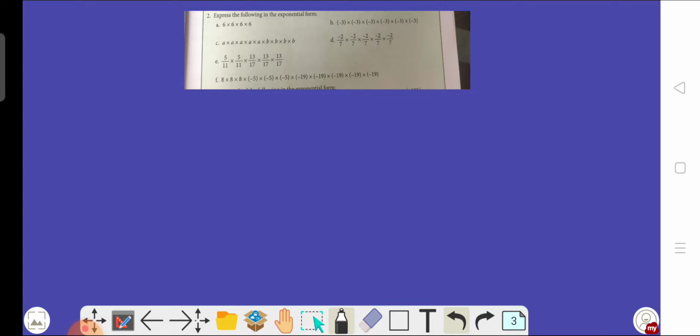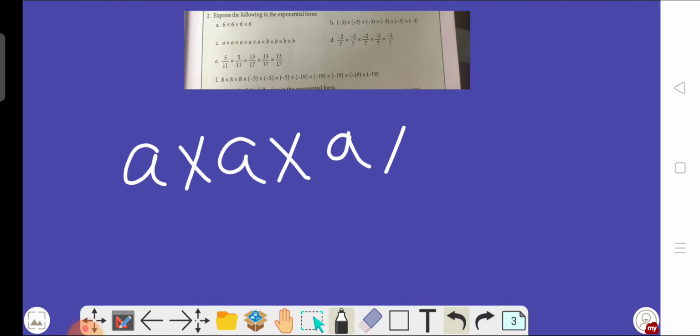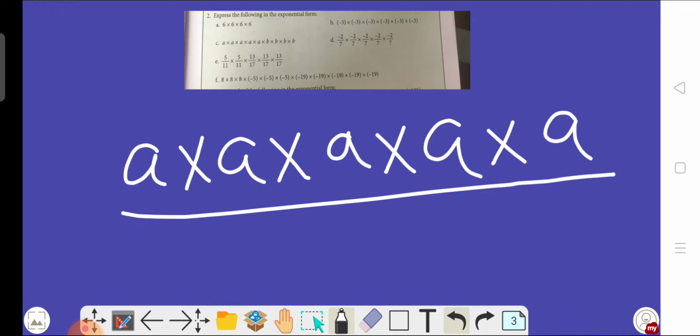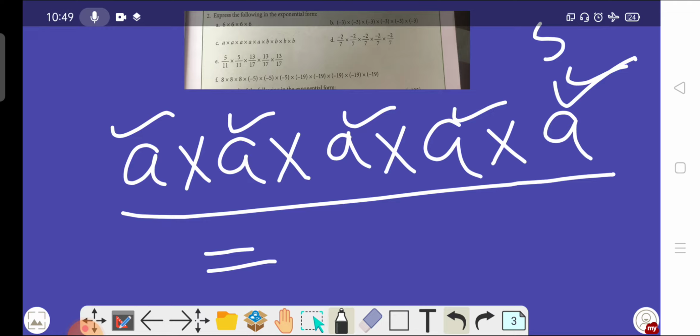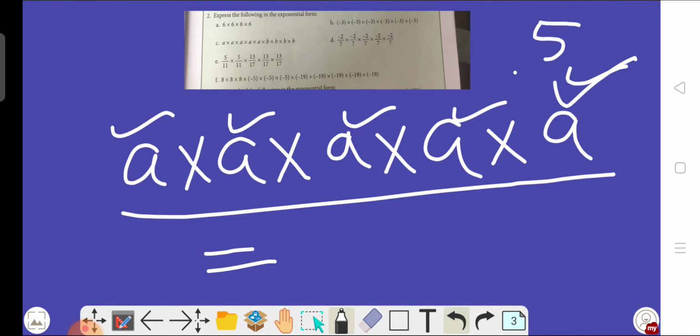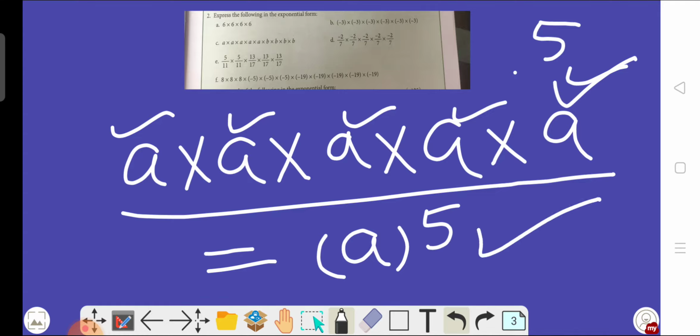As we have already discussed beta, if we have a number in repeated multiplication like this, then we have to write this number in exponential form by counting the number of repetitions. 1, 2, 3, 4, 5. How many times repeated? 5 times. So the exponential form of this number is a raised to the power 5. In the same manner, we have to solve our question number second.